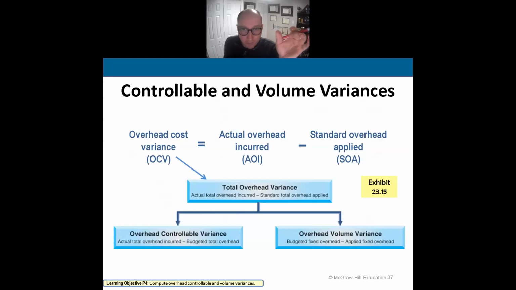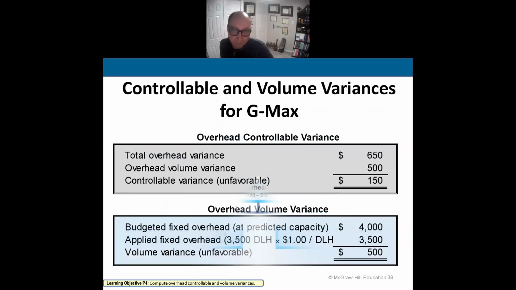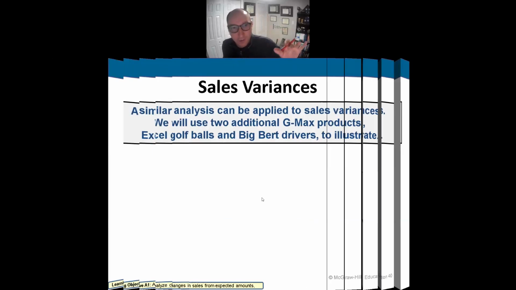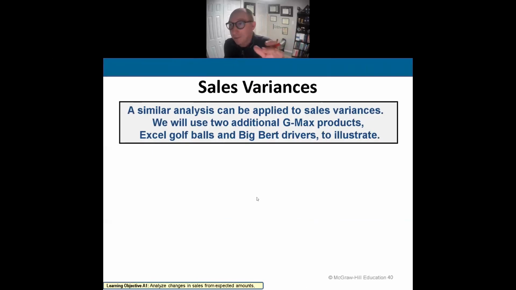Okay, and of course, when there are variances, we need to adjust for those. And when there's changes in sales, we expect there to be what we call sales variance.